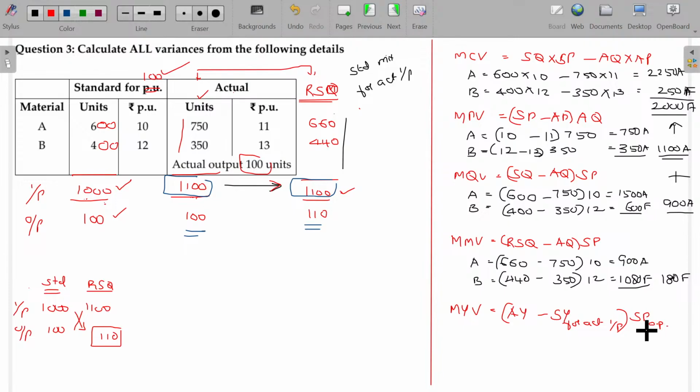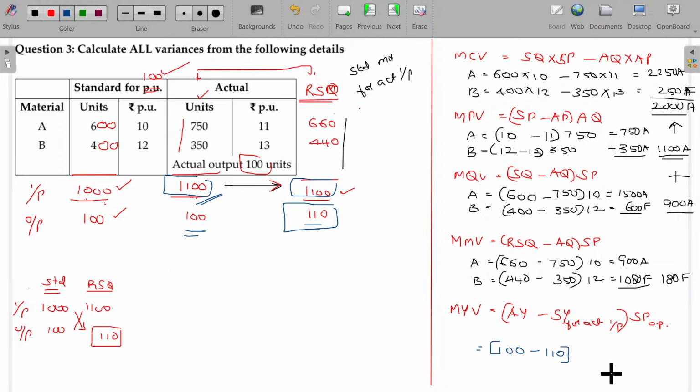Until earlier, we have taken either product A or product B, or raw material A or raw material B. When it's all about yield, it's talking about output. In case of output, price will be taken. Actual yield for 1100 units being 100, and standard yield for the actual input being 110. You lose 10 units, unfavorable.